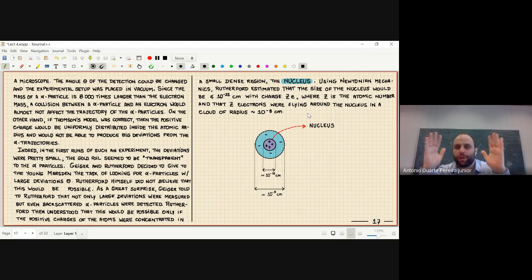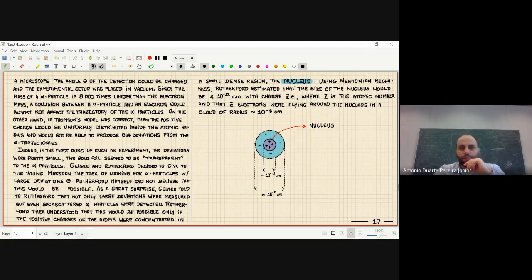Okay, so this was the big discovery by Rutherford, and as we are going to see either today or tomorrow, this has a profound impact in the construction of quantum mechanics, because the very fact that the nucleus exists will make the description of this model incompatible with classical mechanics. And there will be a Danish physicist called Niels Bohr that will fix that. Okay? So far so good.